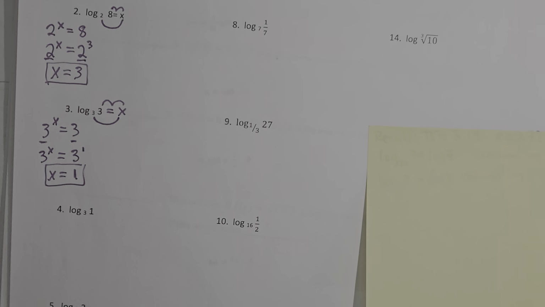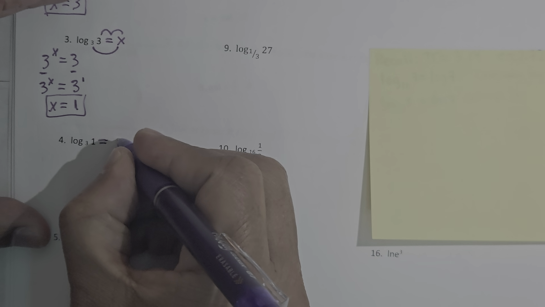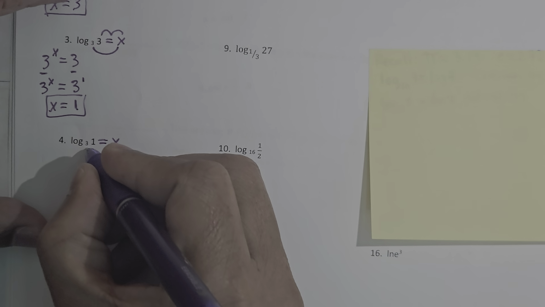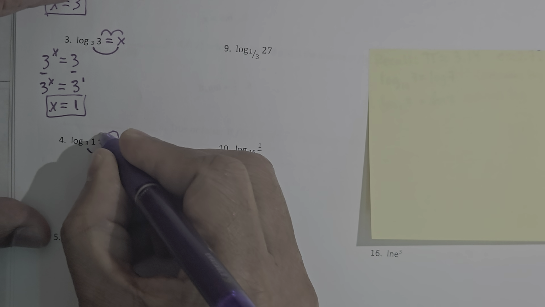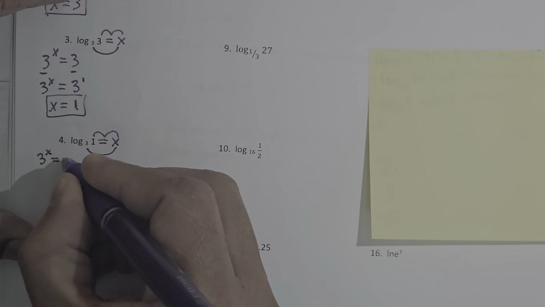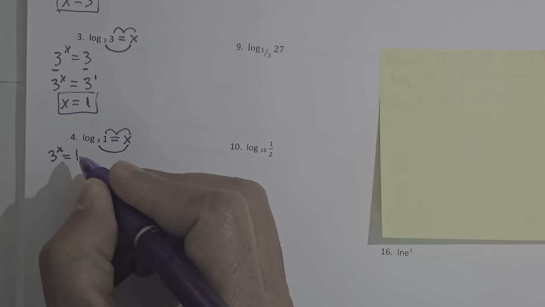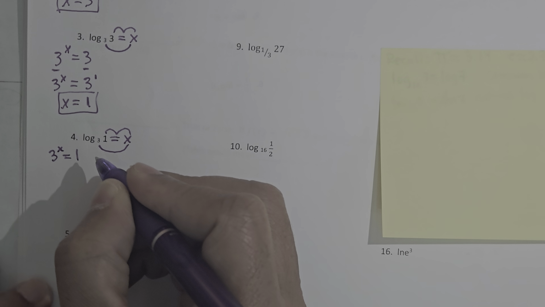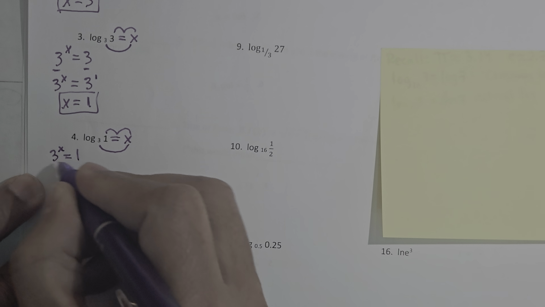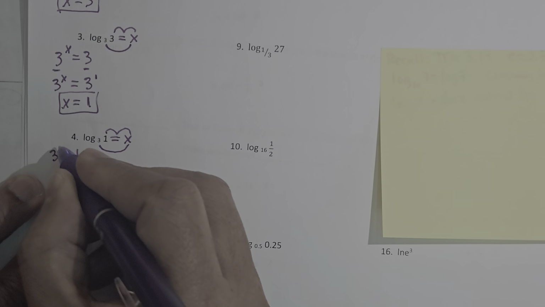Right, next example. On the next example, again, let's set this equal to x, which is the unknown. Okay, we're to evaluate the log. So then raise again 3 to the power of x and set it equal to 1. So this is 3 to the x power equals 1. Then, I don't know if you guys remember this, but for this one here, the only way this is possible, okay, any number or value, a variable or number, raised to a 0 power is 1.